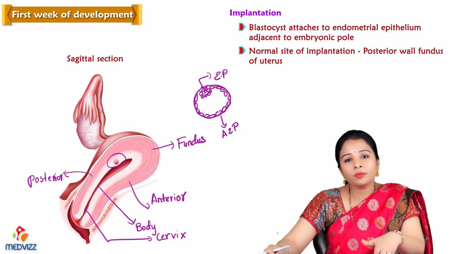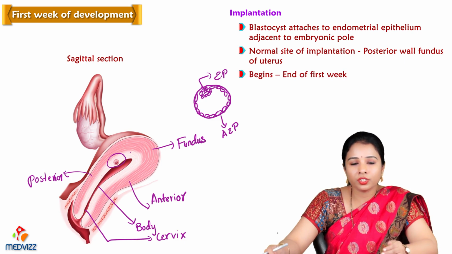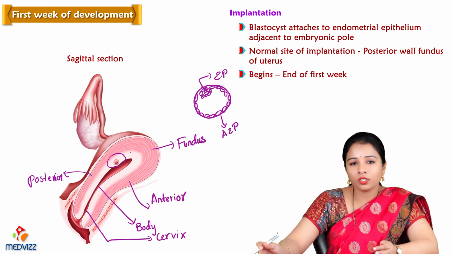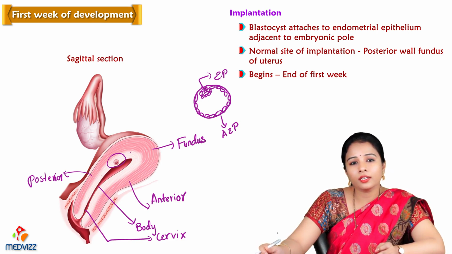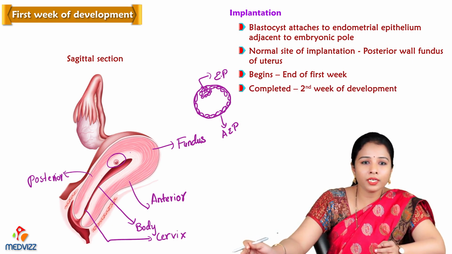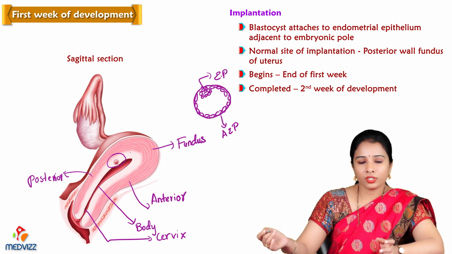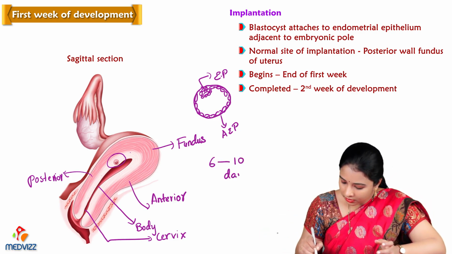Implantation of the blastocyst begins at the end of the first week, around the 5th or 6th day of development, and the implantation completes by the 10th to 11th day. So we can just write it as 6 to 10 days.